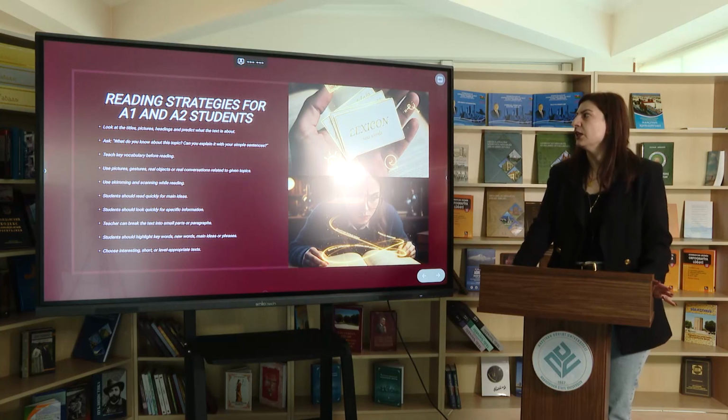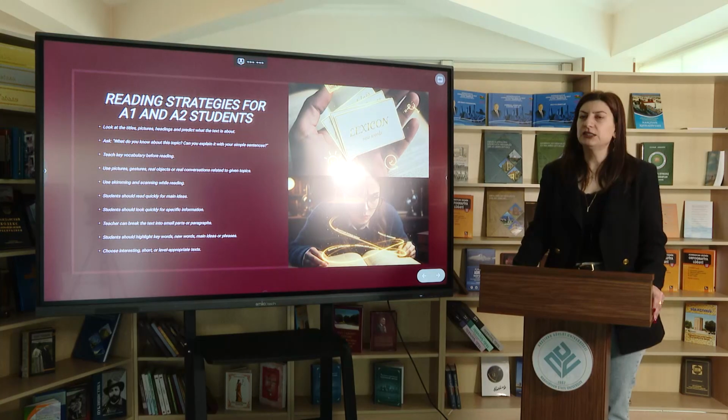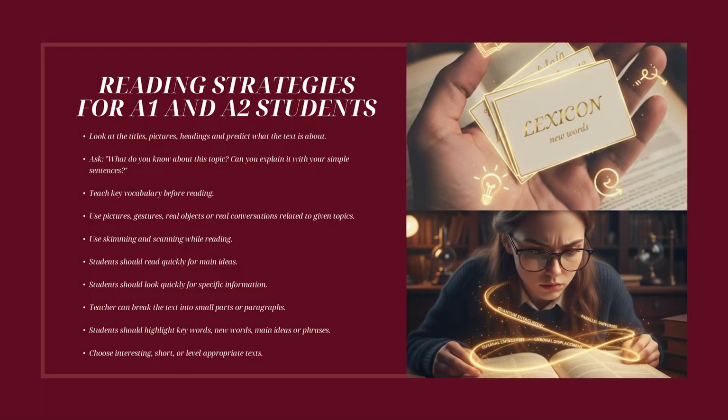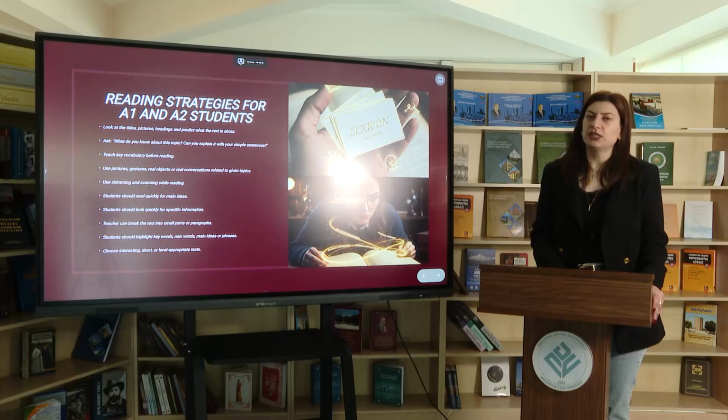The second is, what do you know about this topic? Can you explain it in your own sentences? We can teach key vocabulary before the reading process. This key vocabulary will help them understand the meaning of the text easily. Then we can use pictures, gestures, and real objects while teaching.